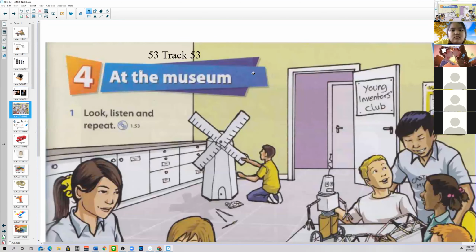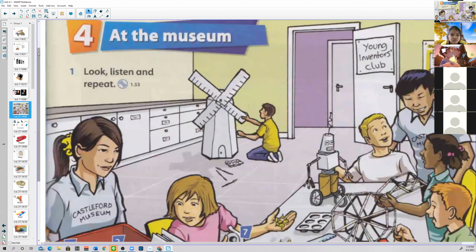Okay, everyone take out your class book and turn to page 31. Look at the picture. Where are the kids? In the science lab. Almost right. They're in the museum, right? I'm not sure.